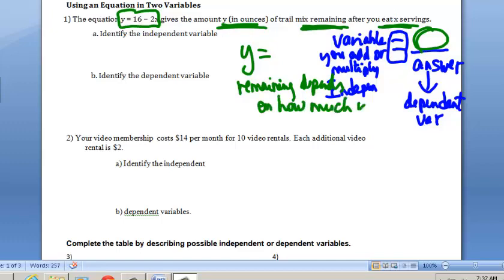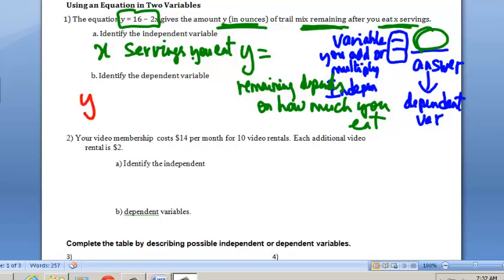So the independent variable in this case is the servings, which is the x, the servings you eat, and the dependent variable in this case is the y, which is the trail mix remaining, or you can say leftover.